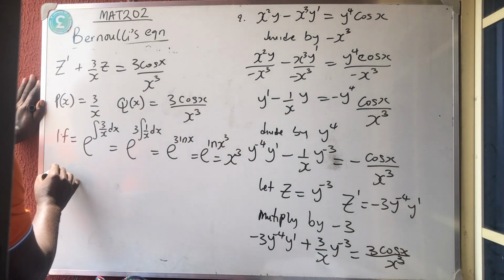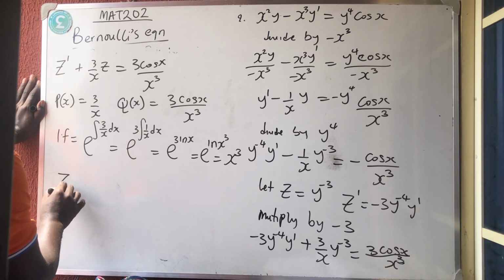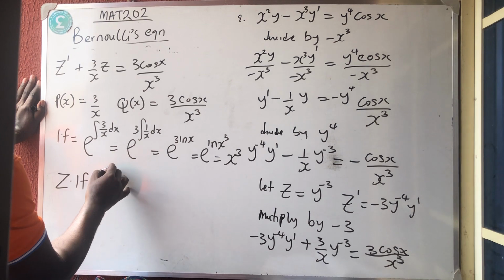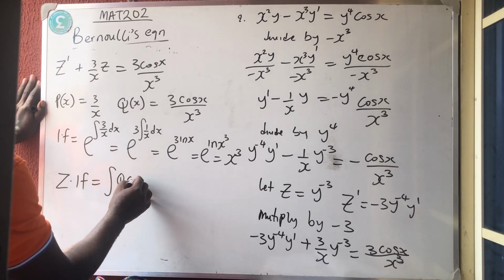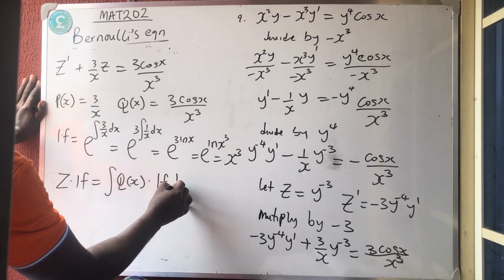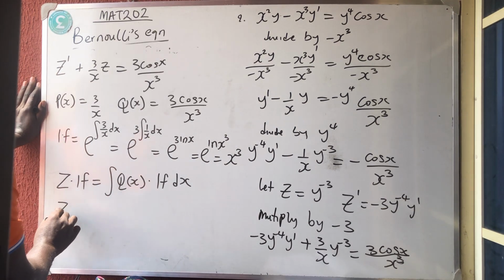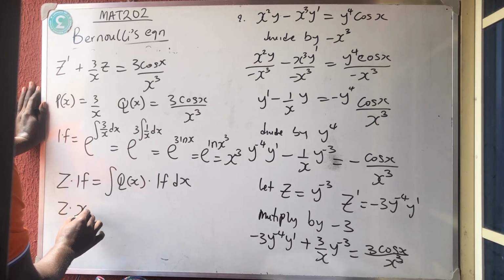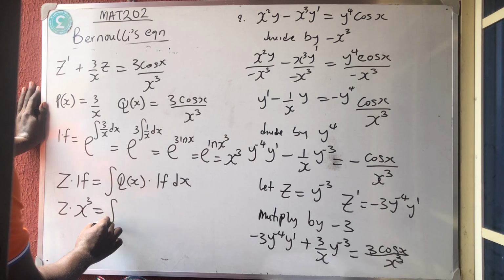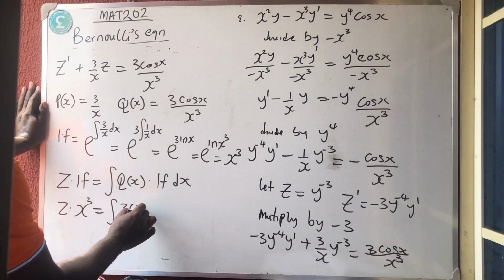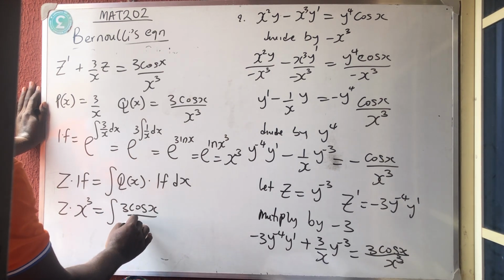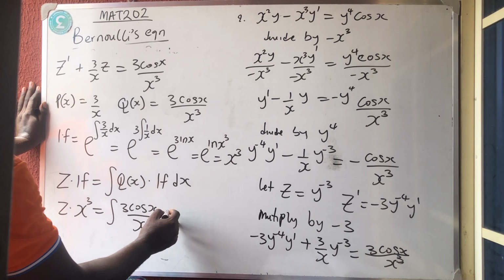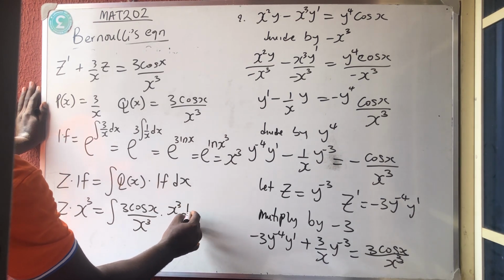So my answer becomes z dot integrating factor is equal to what? Integral of q of x dot integrating factor dx. So I'm having z dot x raised to power 3 is equal to the integral of 3 cos x over x raised to power 3 times x raised to power 3 dx.